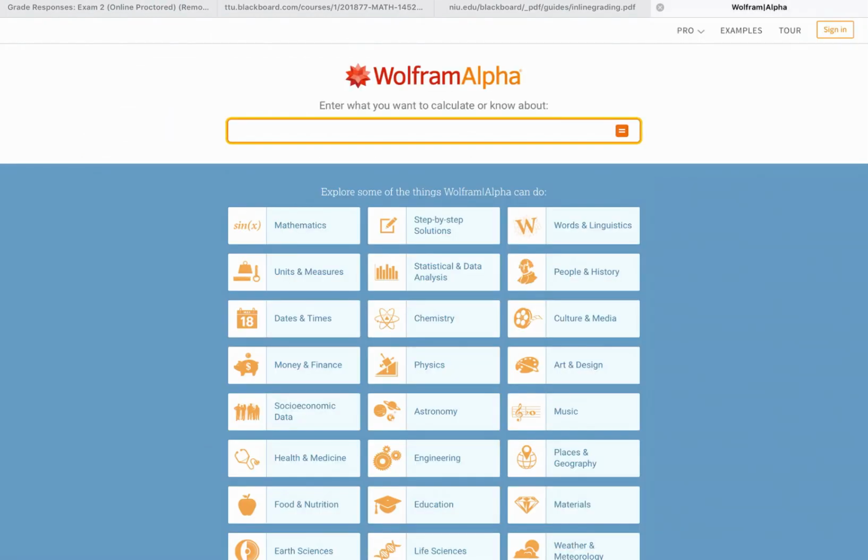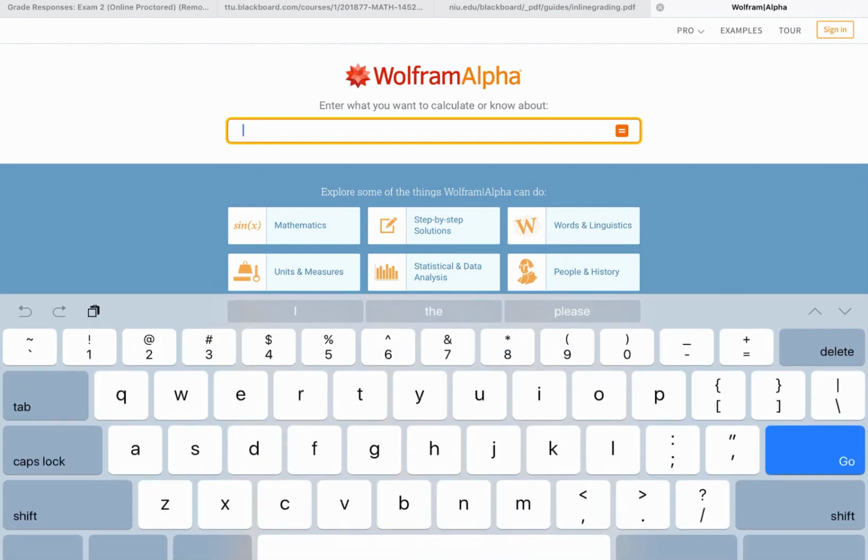And what you're going to type, this is the first time we've used this, is you want to evaluate 2x parentheses x minus 1 parentheses equals 3x plus 1 at x equals, and then you put in what you want to evaluate it at.